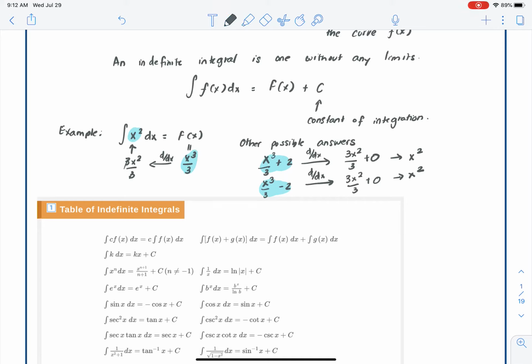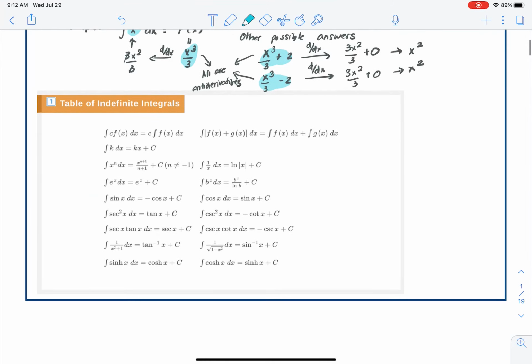All of these are possible answers. So that is an antiderivative, that is an antiderivative, that is also an antiderivative. So which is it? We do not know. And that is why we put the constant of integration there. But how do we solve for that constant of integration?